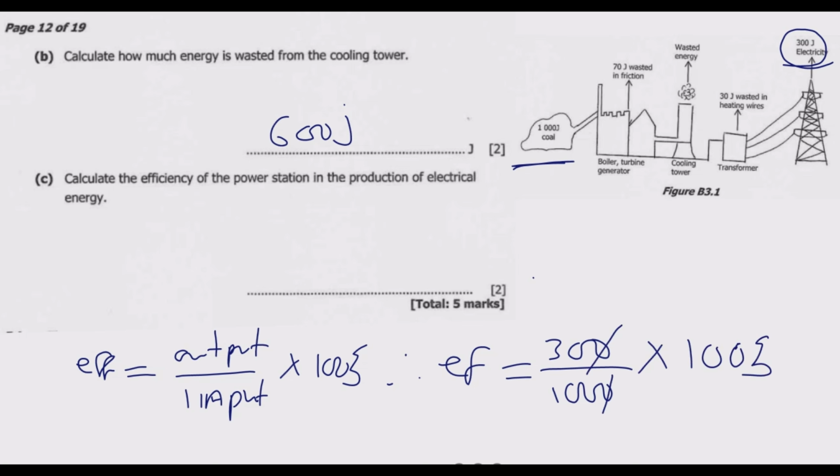Then we know 300 over 1000 is 0.3 multiplied by 100%. This is 30%. So 30% is the efficiency of this power station in the production of electrical energy. So basically this is how you get the 5 marks on question B3.